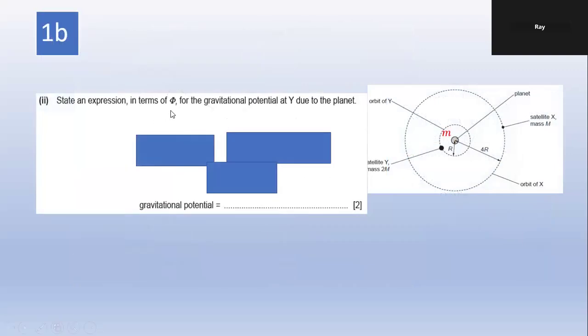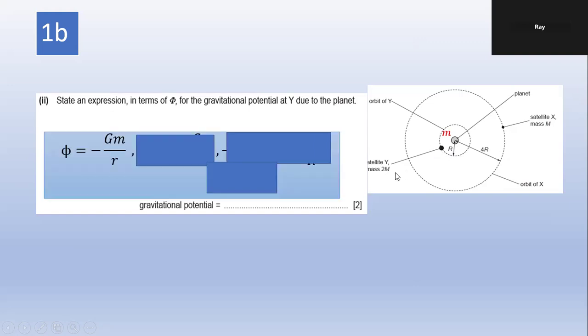State in terms of r the gravitational potential at Y due to the planet. Right? Let the mass of the planet be M. There's your Y, right? Satellite Y. So write down there. That one is given in the formula sheet.